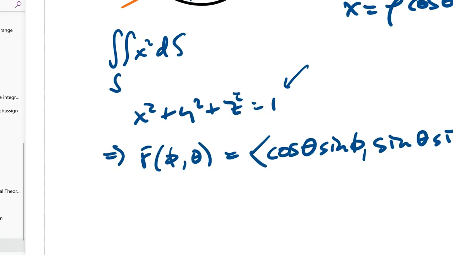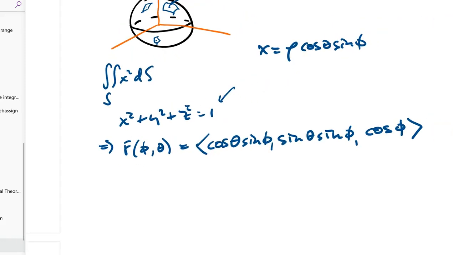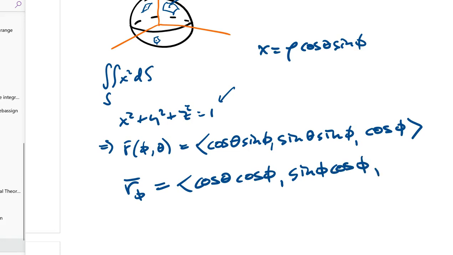Now, we need to find that r sub u cross r sub v. It doesn't have to be u and v; here we have theta and phi. So r sub phi is cosine theta cosine phi, sine theta cosine phi, and negative sine of phi.